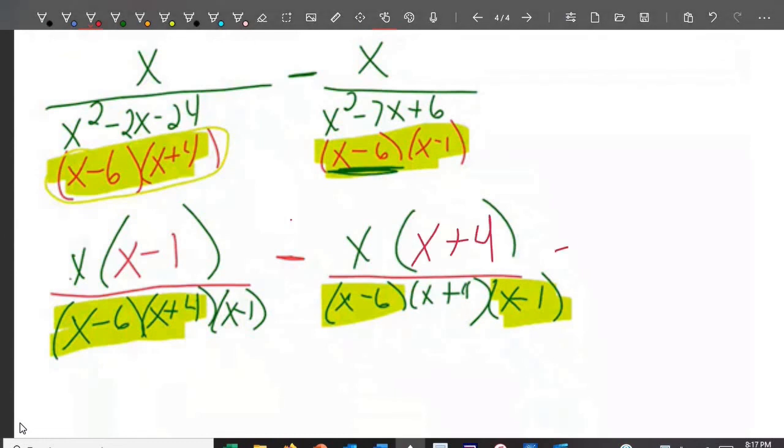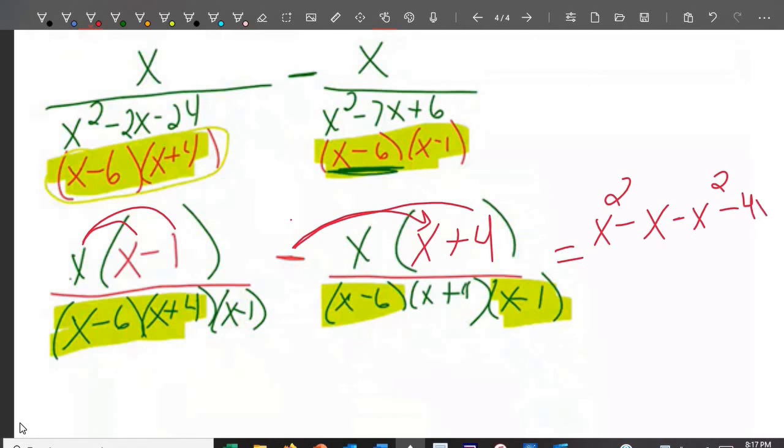Now, we're going to distribute this x through the first parentheses, x squared minus x. We're going to distribute this negative x into the parentheses. We'll get negative x squared minus 4x, and that's all over x minus 6, x plus 4, x minus 1.